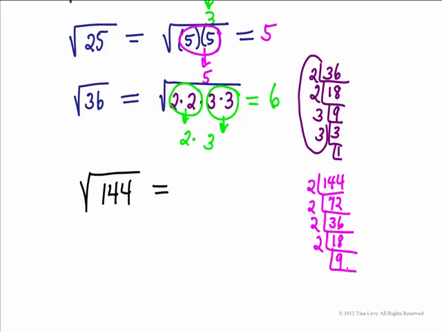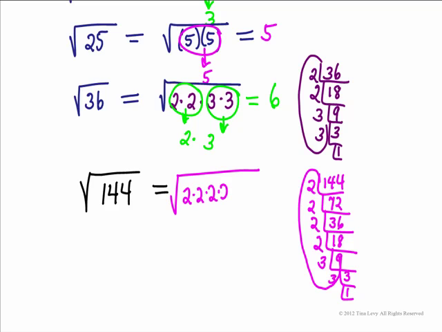We're now ready to not use 2. The next prime that works is 3. 3 goes into that 3. 3 goes into that 1. We now have the prime factors of 144. So we see we've got four 2s, 2 times 2 times 2 times 2, and then we've got two 3s, 3 times 3.